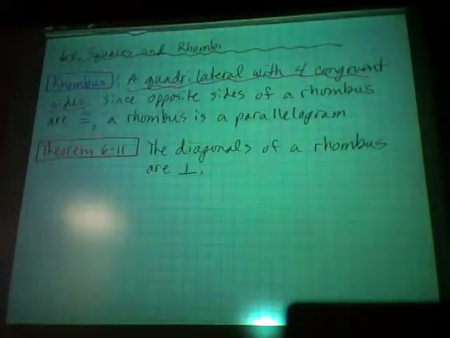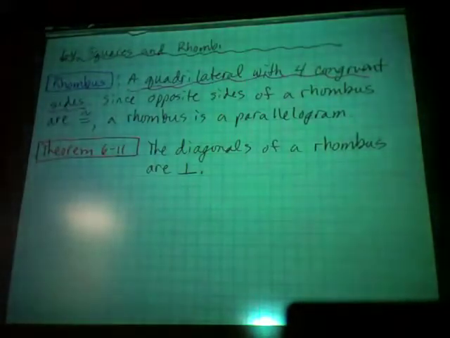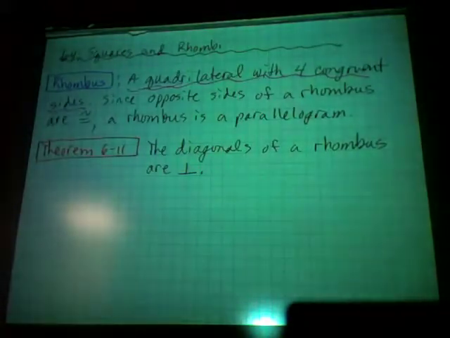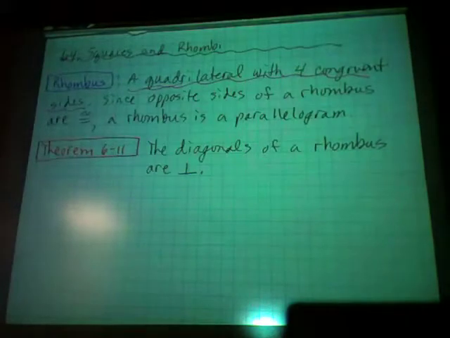This occurs because the minute you have all 4 sides congruent, not only do the diagonals bisect each other, but they are also perpendicular. Which creates an interesting theory. We'll look at that more in a minute.